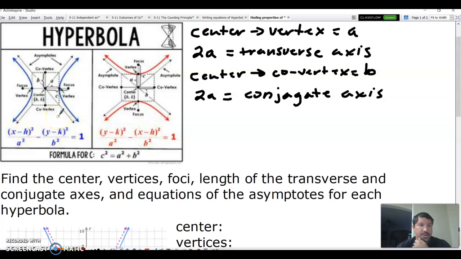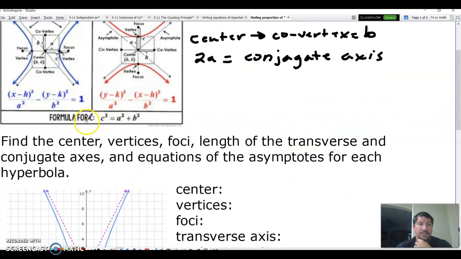If it's opening right and left, then x minus h comes first. If it opens up and down, then y minus k comes first. Either way, a squared and b squared stay in the same spot. And the formula for c is c squared equals a squared plus b squared.